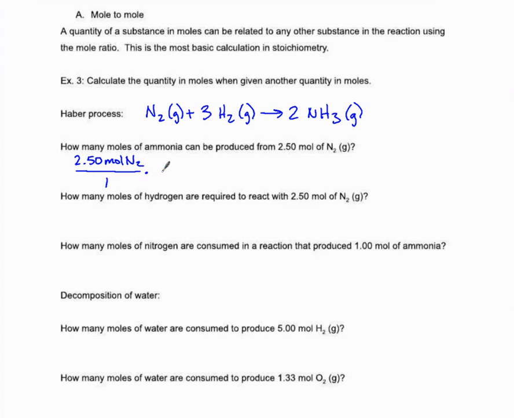This is a dimensional analysis question, and we want to relate nitrogen with ammonia. This is where we use the mole ratio. So we want to compare moles of nitrogen being on bottom so that it cancels. We want to compare that with moles of ammonia.